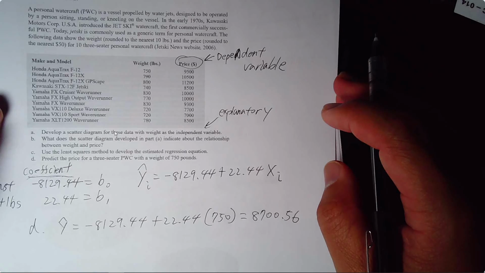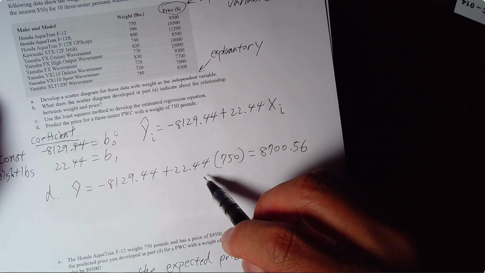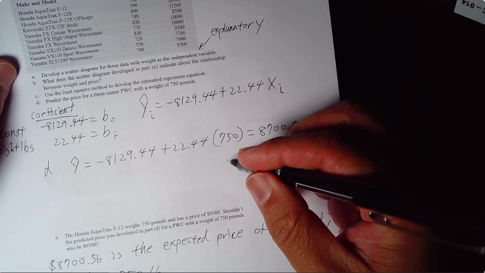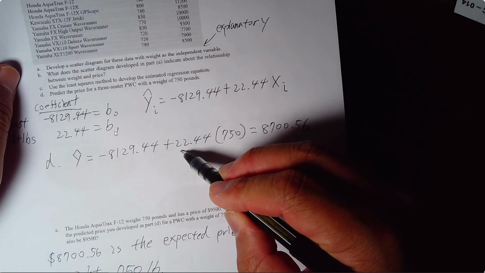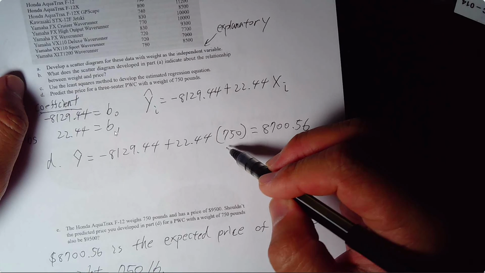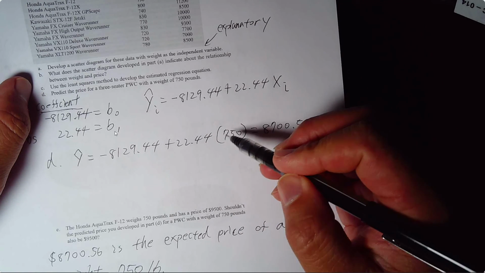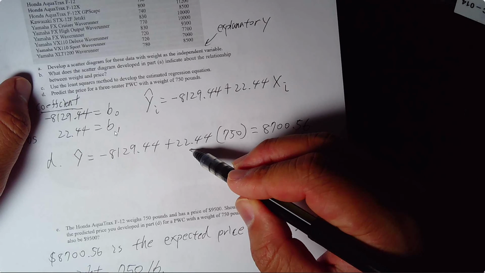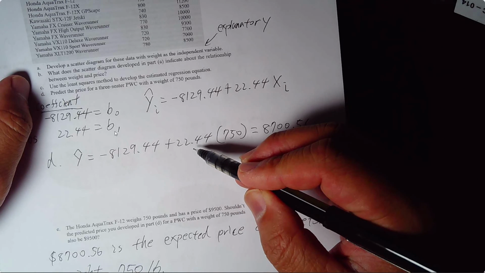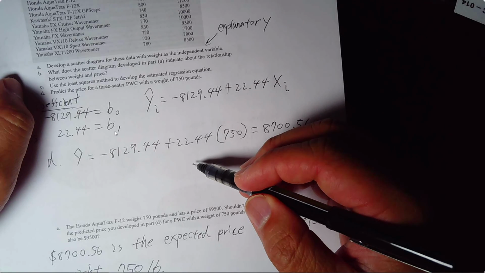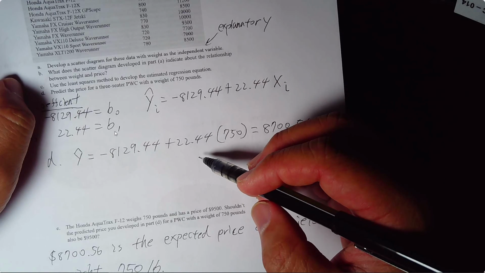We see there's a linear relationship between the weight of a jet ski and the price. The way we can interpret this 22.44 is that for every additional pound a jet ski weighs, it will cost $22.44 additional. Now, of course, that doesn't really make any sense, because people don't buy jet skis for their weight. It's not like buying meat.